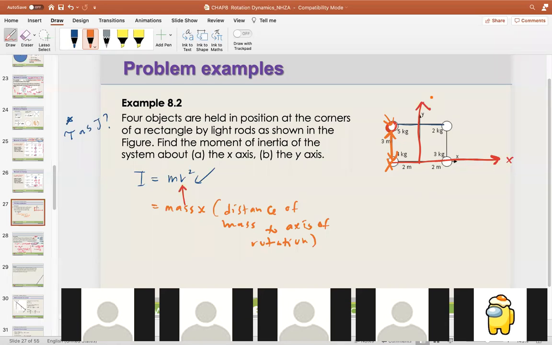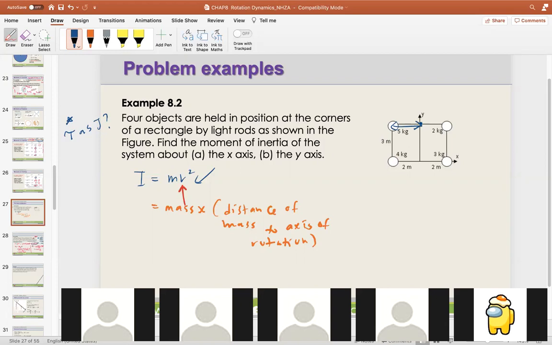Okay, so my mass is 5 kg, this particular 5 kg. What is my R if my axis of rotation is Y? Two. 2, betul eh? So it's 2.